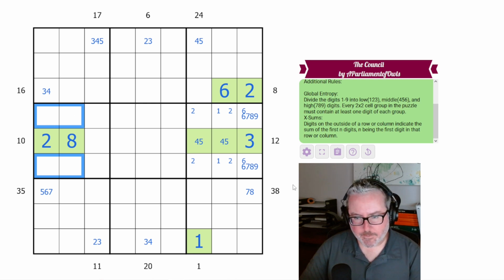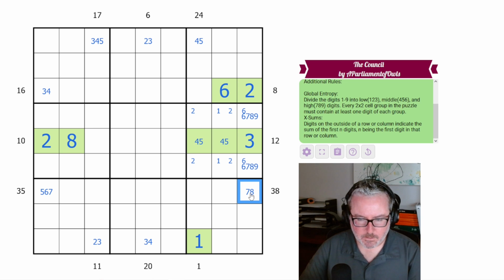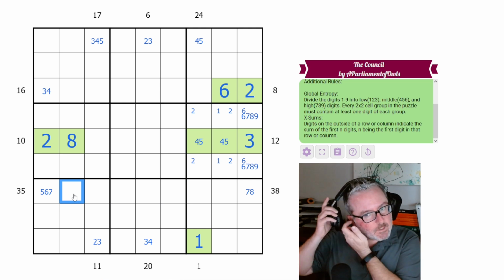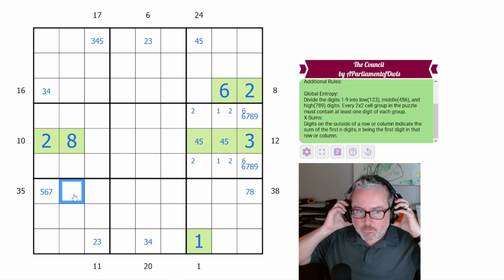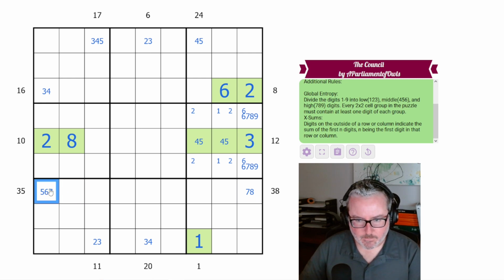I don't know that we have enough here to do the entropy any further than right now. So maybe we need to go back and look at this again. If this is 7, we have to have 2 more digits that are left over that add up to 7. So it would either be a 6-1 or a 5-2. And again, we said if we had an 8 here, this would just have to be 7.